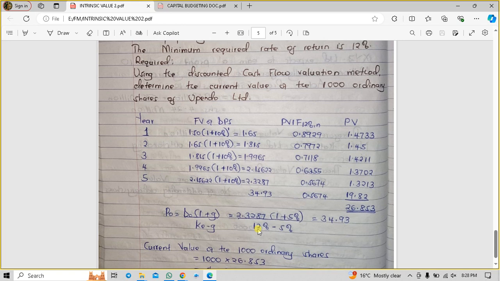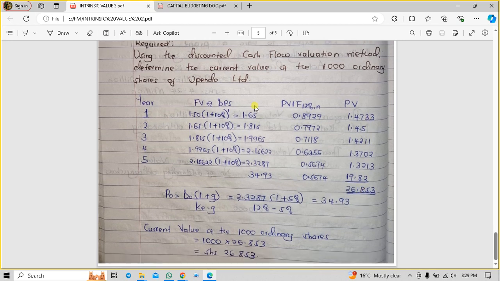D0 is 2.3287, times 1 plus G, over the rate of 12% minus G, which gives 34.93. Use the same PVIF. You're supposed to get 19.82. Then you add to get the present value.